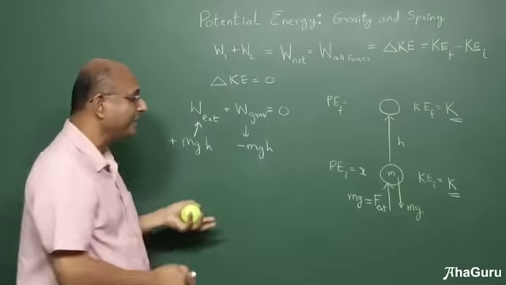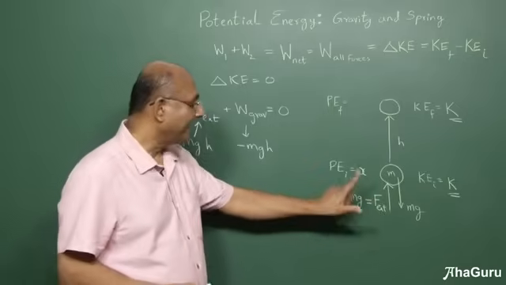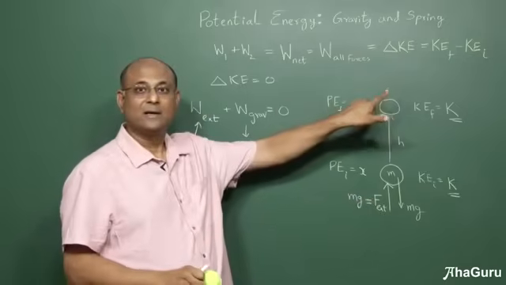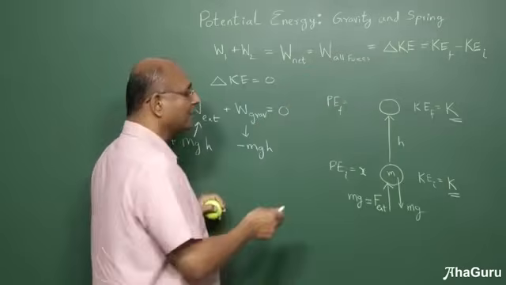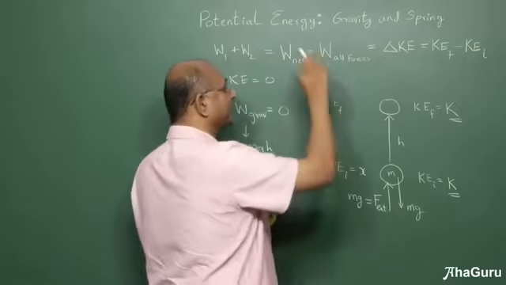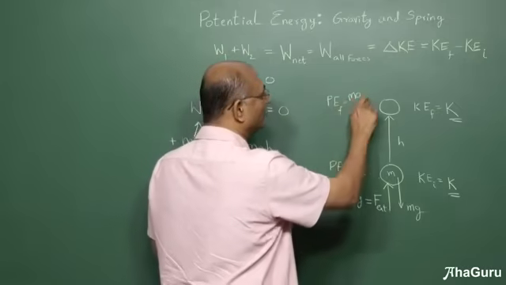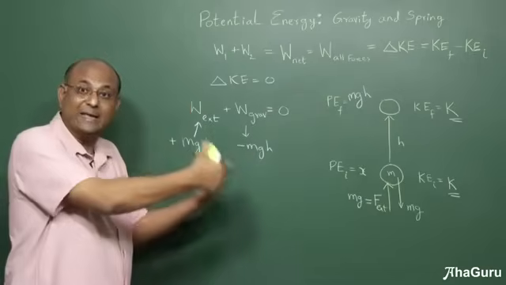The other way is to say ignore the gravity. How much work did I do? mg into h. Gravity did not steal it, but it has stored it in the form of potential energy. So if the original potential energy was x, now there is an extra potential energy of mg into h. This is the work that I did. I gave it energy.